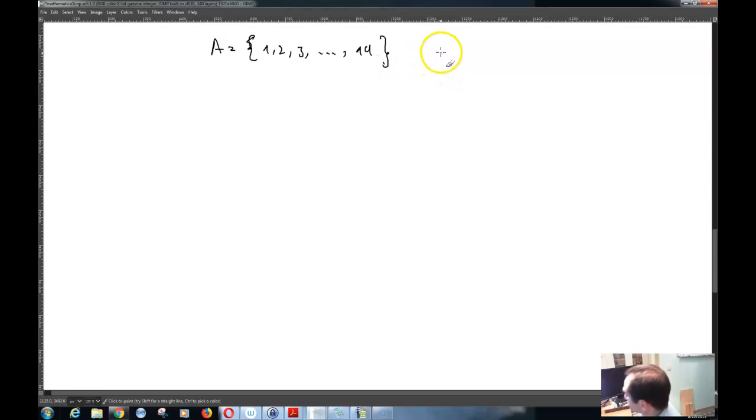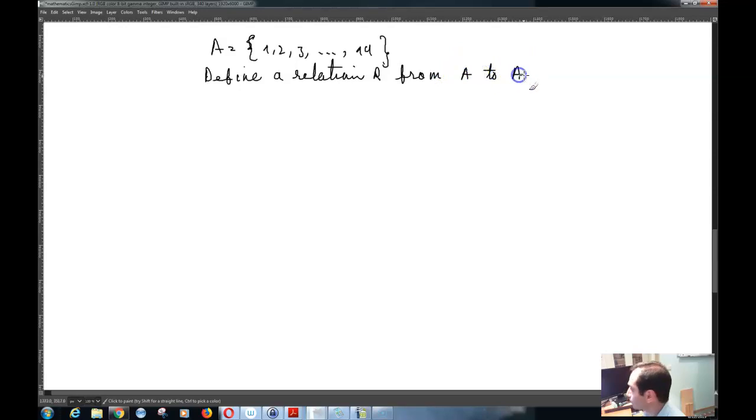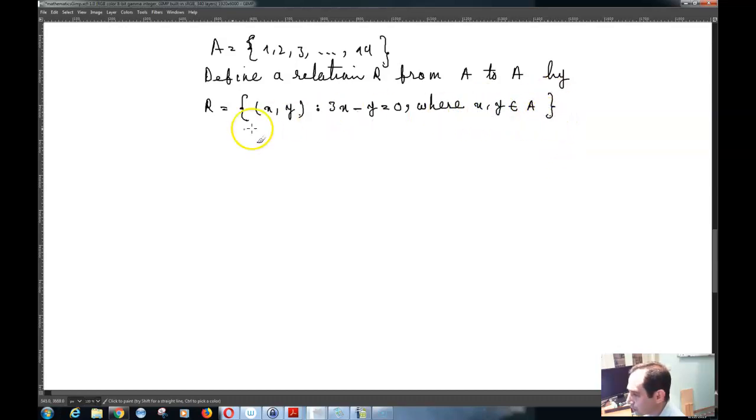You want to define a relation R from A to A by R is equal to, for example, all ordered pairs x comma y such that 3x minus y is equal to 0, where x and y belong to the set A. And write down the domain, the codomain and the range.